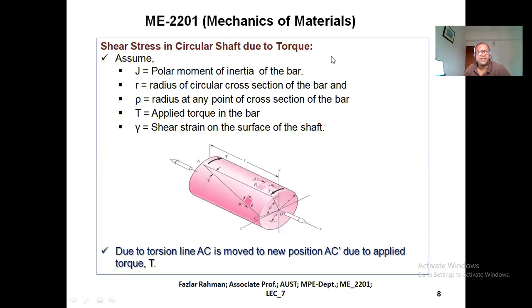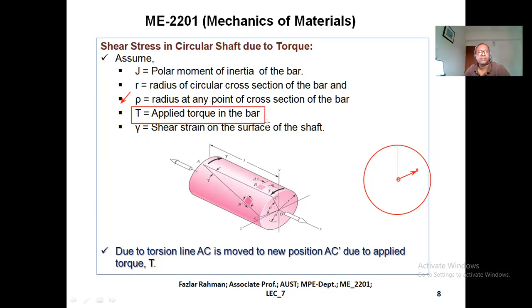Let's see all the terms over here. J is the polar moment of inertia of the bar, R is the radius, and rho is the radius at any point of the cross section. That means if this is the center of the cross section, the radius is R from here to here, but if you take a point over here, the radius of that point from here to here is rho.